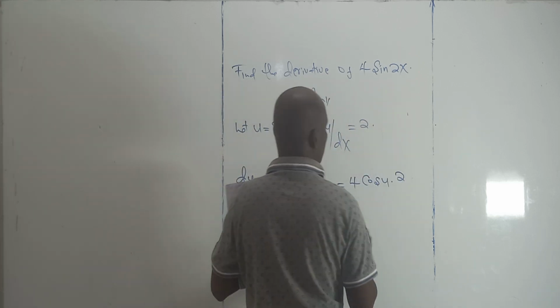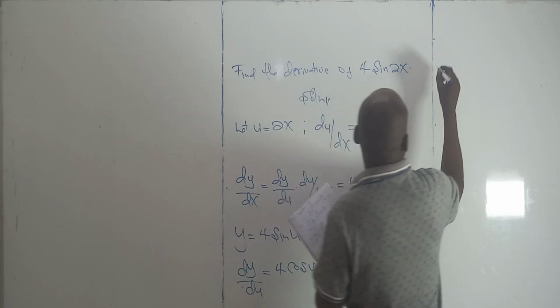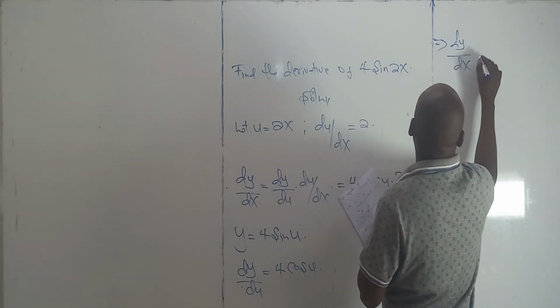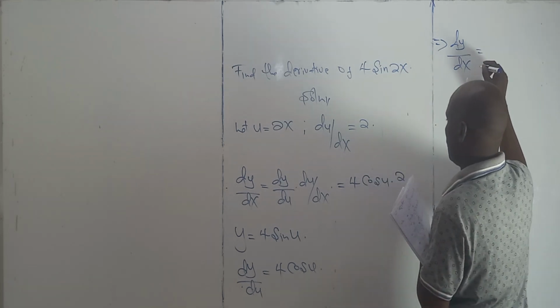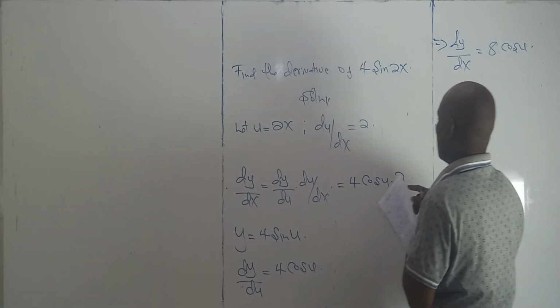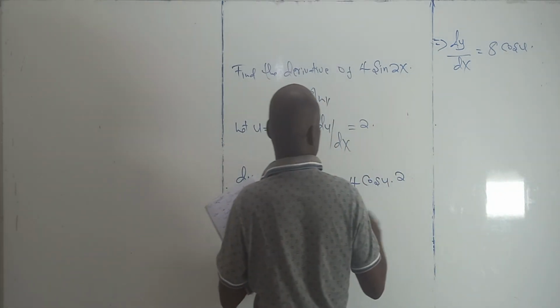That should then imply that dy dx is equal to 8 cos u. This times this. So it's 8 cos u.